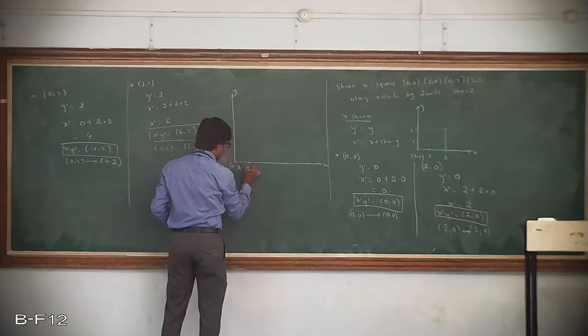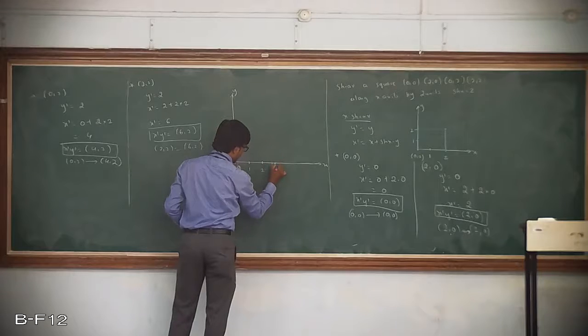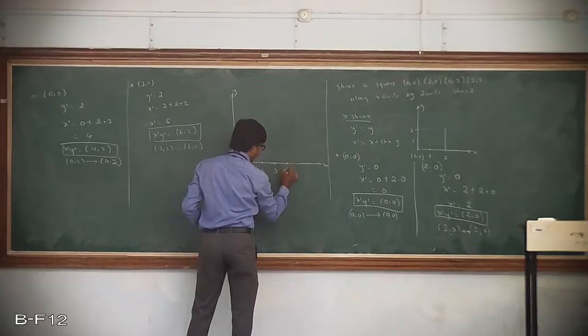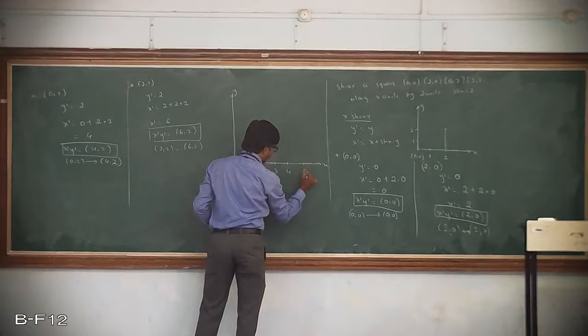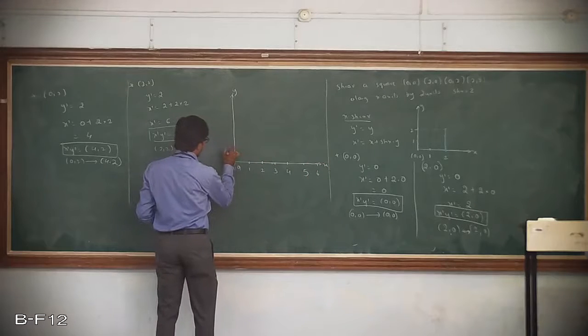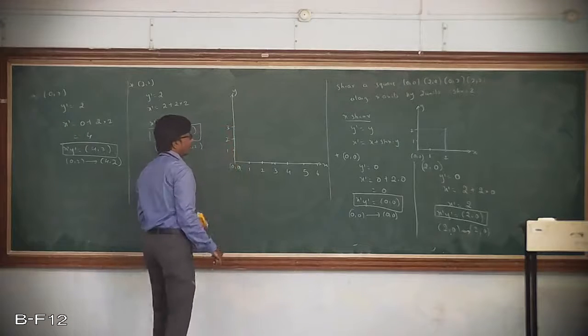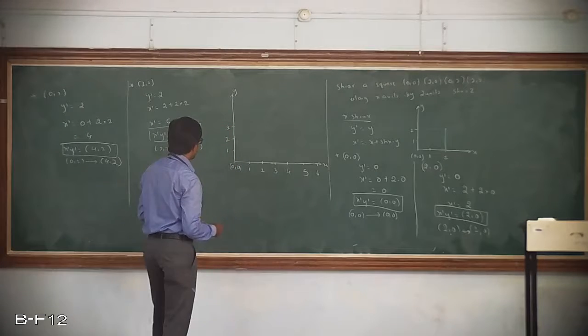This is the first unit, second, third, 4, 5, and 6. So here it is 1, 2, 3. The first point will be 0, 0.